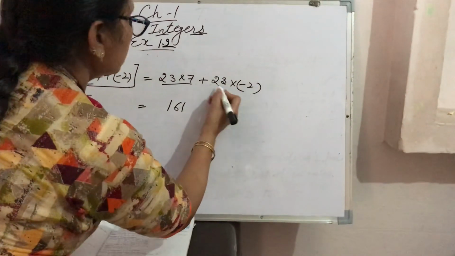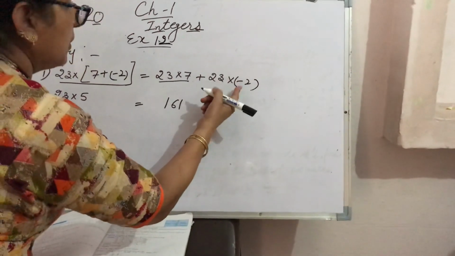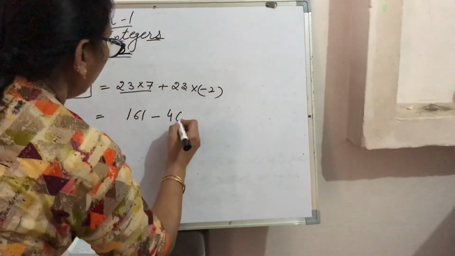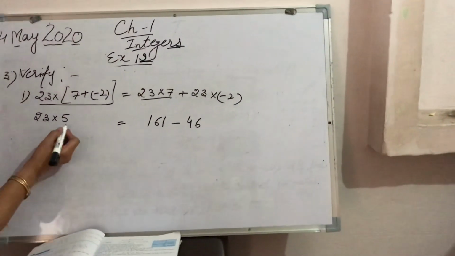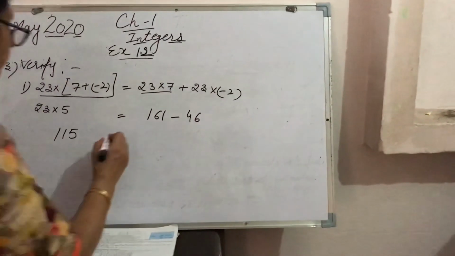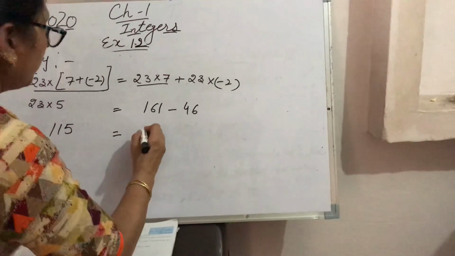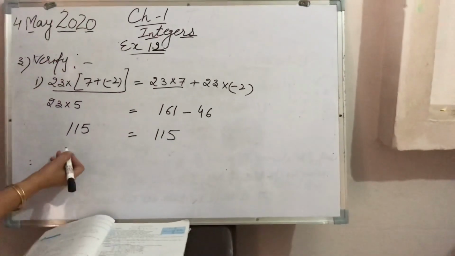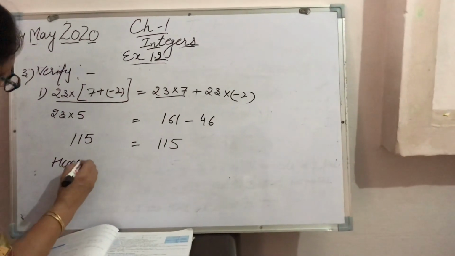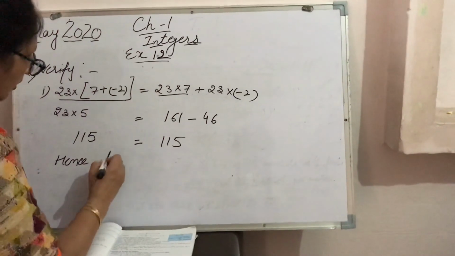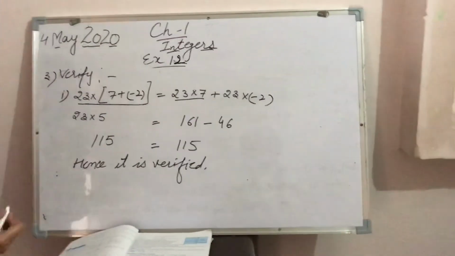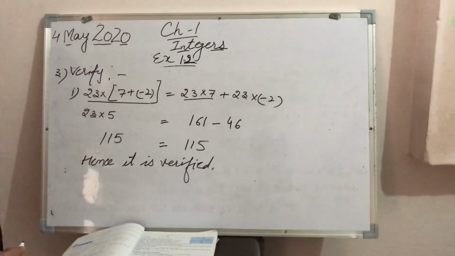Then plus minus, because while doing the multiplication only one negative sign is there, that's why the answer will be negative. 23 2s are 46. So 23 5s are, 5 3s are 15, 5 2s are 10 and 1, 115. Then 161 minus 46, again 115. So 115 equal to 115, the answer is same. So hence it is verified. This is what we have to verify. The second part of the same question you can do yourself, same is there.